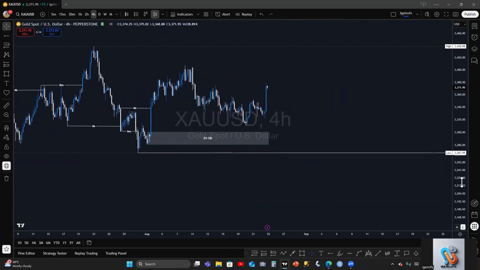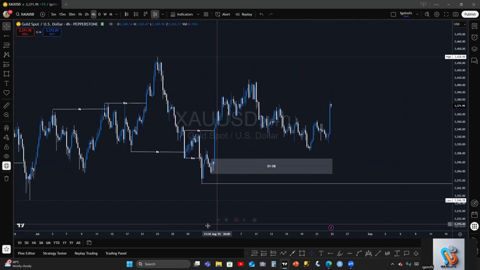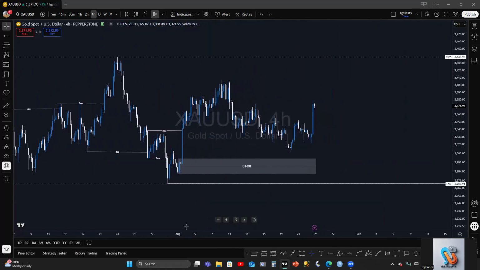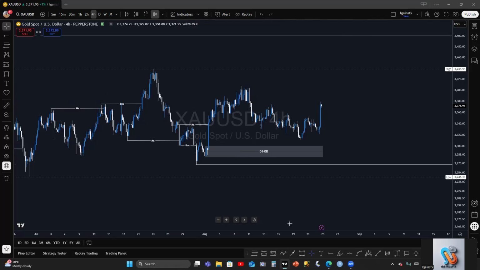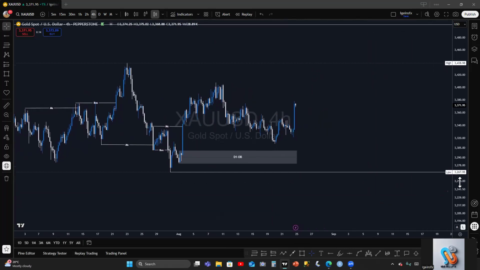So learn to trade on a higher time frame. The only disadvantage is that you might not have plenty of trades in a week. If you are trading on a lower time frame, you just see setups left and right. But on a higher time frame, in a week, maybe you get just one trade. But if you take that one trade, it's a quality trade, guys.